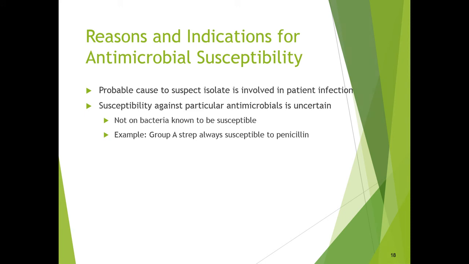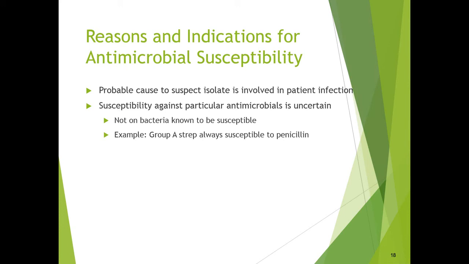So why do we perform susceptibility testing? Because for an isolate that is determined to be a possible cause of infection, we need to find out what that organism is susceptible to and what it's resistant to. So we don't always perform sensitivity testing on all bacteria, even all pathogens.